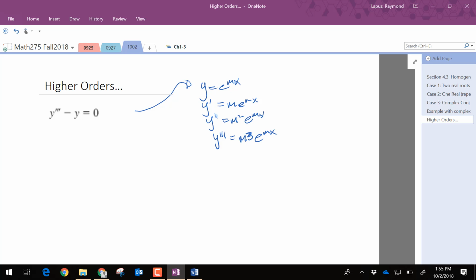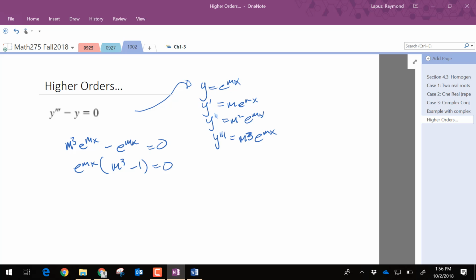That's the nice thing about having these constant coefficients. And it's not a coincidence that this y triple prime would turn into an m cubed, and the e to the mx is something that we'll factor out. So we just have m to the third power minus 1.